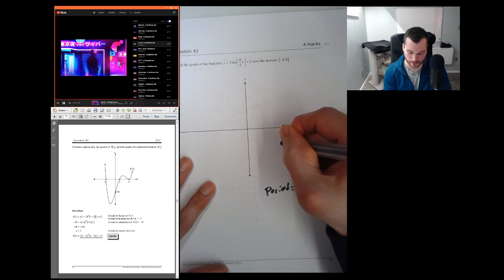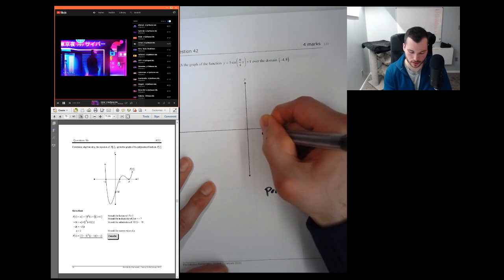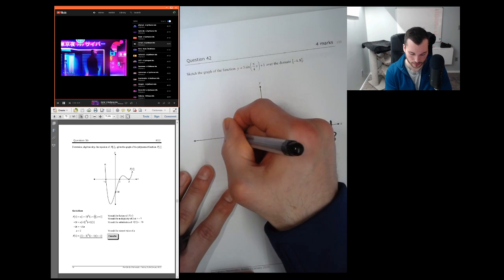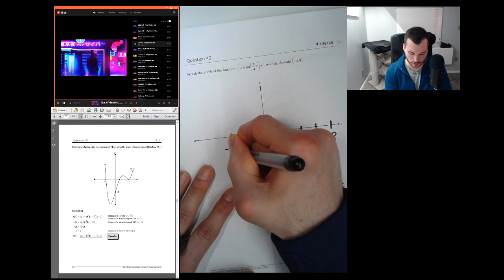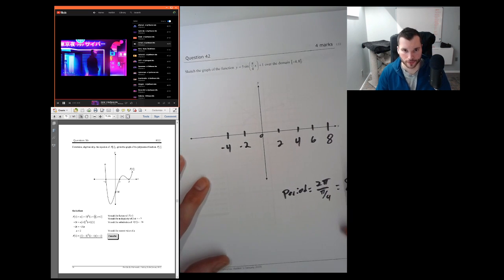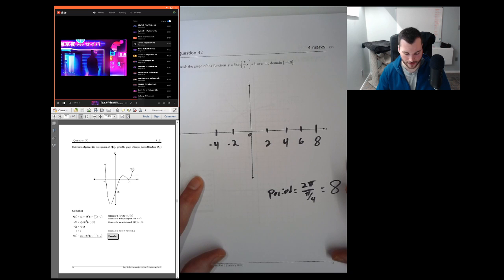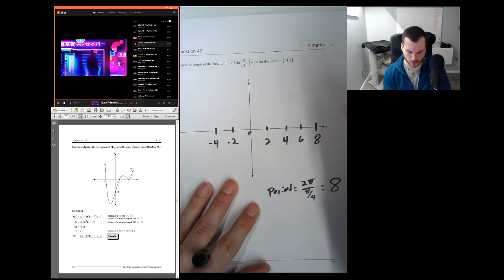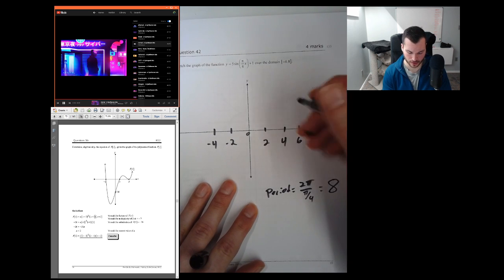8, 4, 6, 2, obviously 0, -4, -2. Cool. All right. We have a midline at +1. And we're going up to a maximum value of 6 because our amplitude is 5.